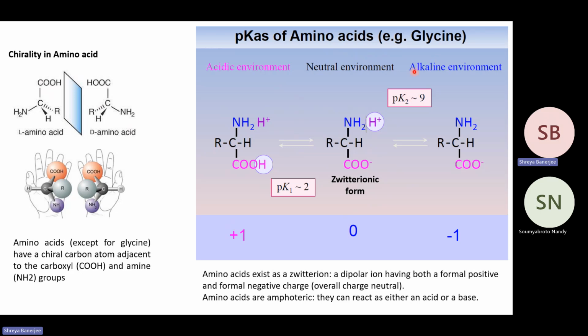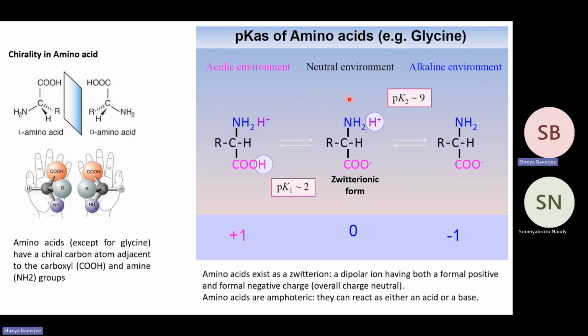Or if you have an alkaline environment with pH around 9 or greater, the solvent will take away this H plus. So NH3 plus will become NH2. So in alkaline environment, the net charge will be -1 due to the COO minus group. So depending on the pH of the environment, the amino acid can have a zero charge, which is the zwitterionic form, or it can have a +1 or -1 charge.